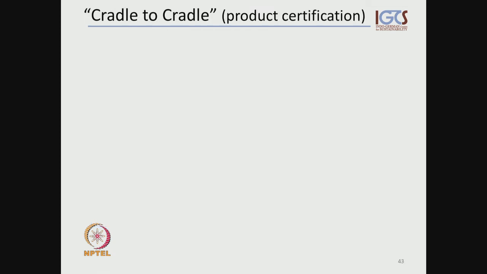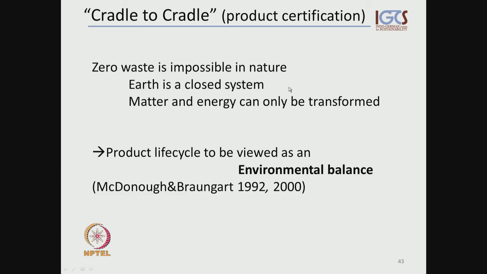Now, one of the concepts which has taken shape already is the so-called cradle-to-cradle concept, and it is actually at the same time a product certification, which states essentially that there is no zero waste.